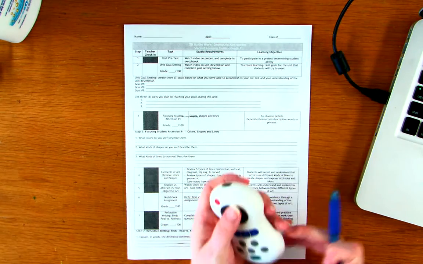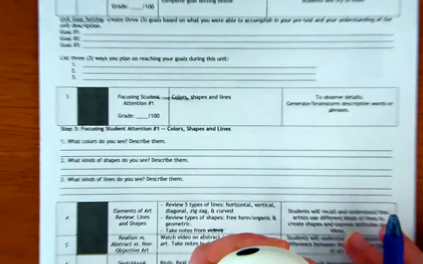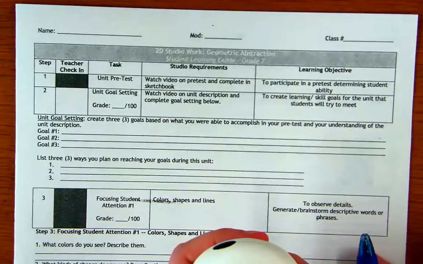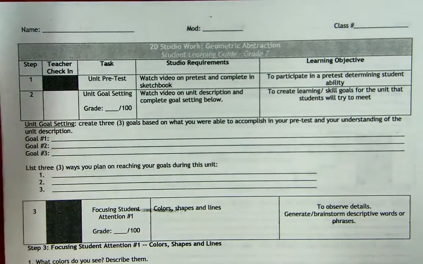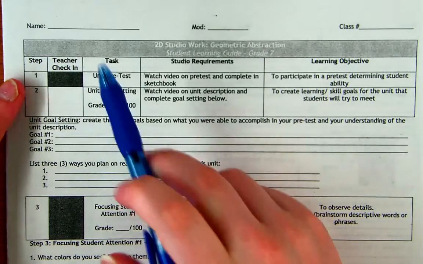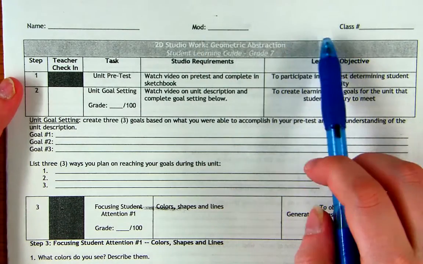So first we're going to zoom in so that you can see the whole thing right in here. Here we have the top of your student learning guide. It tells you name, mod, and class number.